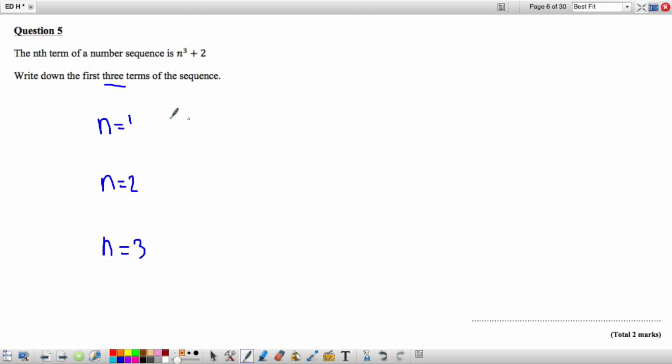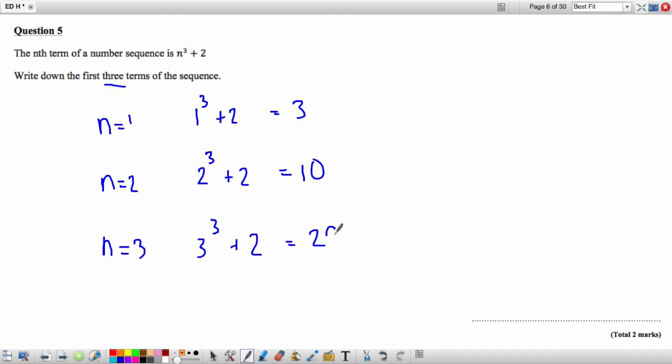So substituting in n is equal to 1, 1 to the power 3 plus 2 gives us 3. 2 cubed, 2 to the power 3 plus 2 gives us 10, and 3 to the power 3, 27, plus 2 is 29. Therefore, the first 3 terms are 3, 10, and 29.